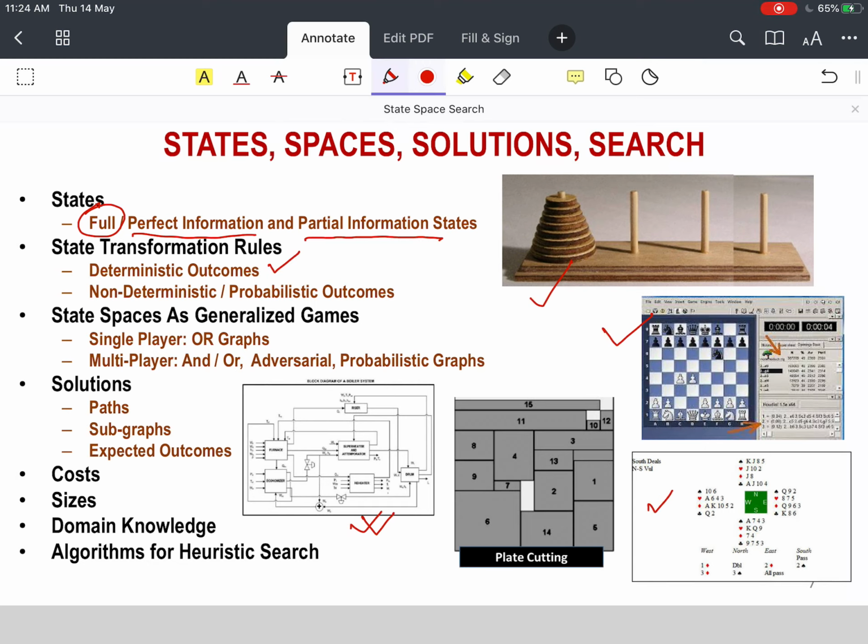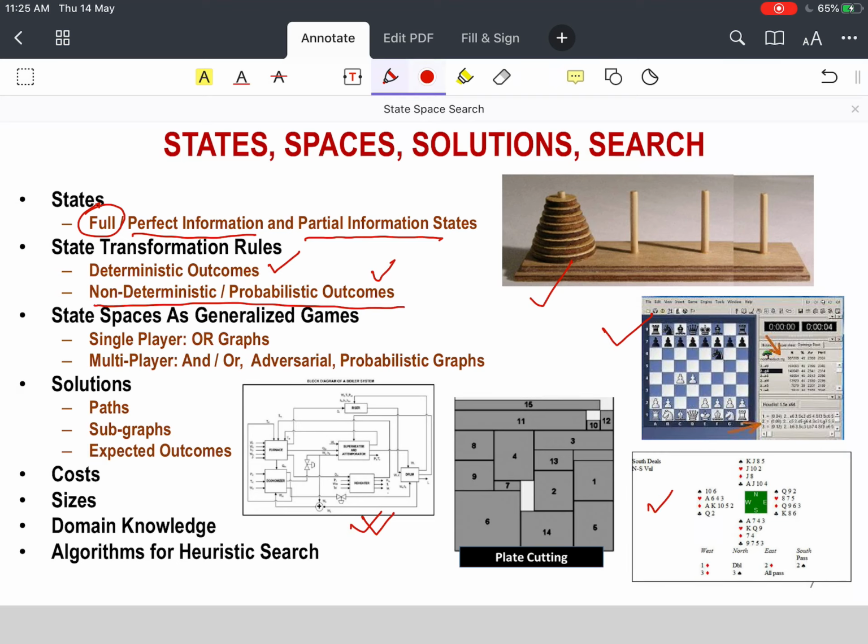If you make a move from one state to another state, that move will exactly happen. But it could also be non-deterministic or probabilistic, and we mentioned the example of a car brake application, where if I apply the car brake, there is a 99.5% chance that the car will stop, but a very low chance that the car may not stop because of a brake failure.